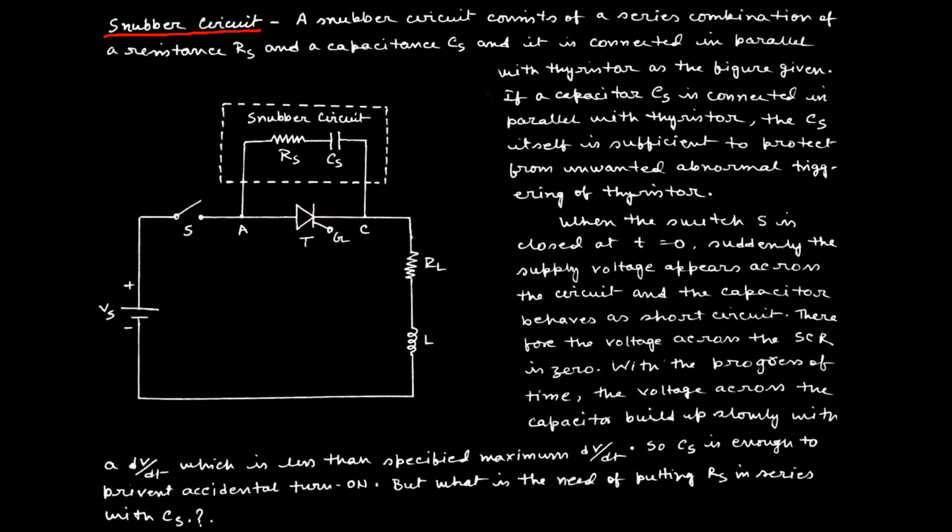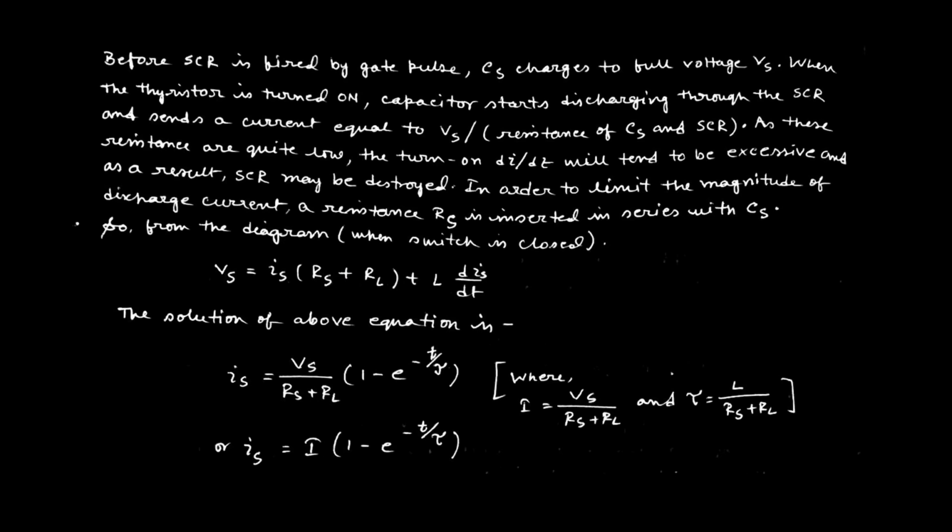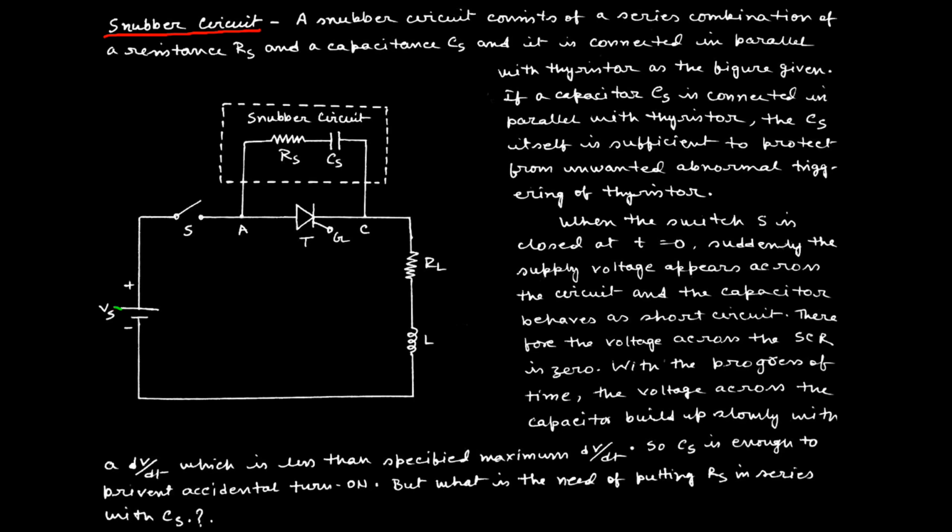Now we should find out the value of Rs and Cs separately. From this schematic diagram, we can write Vs equals Is into (Rs plus RL) plus L dIs/dt. Vs is the supply voltage, which should be equal to the voltage drop across Rs and Cs, and another resistance, the load resistance, is there.